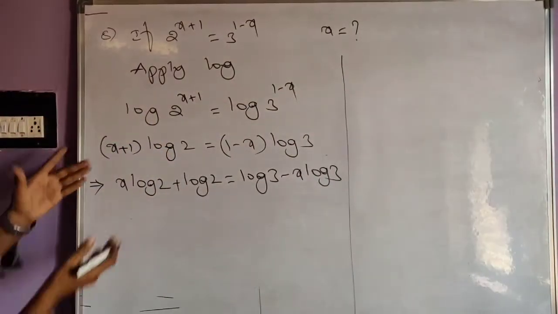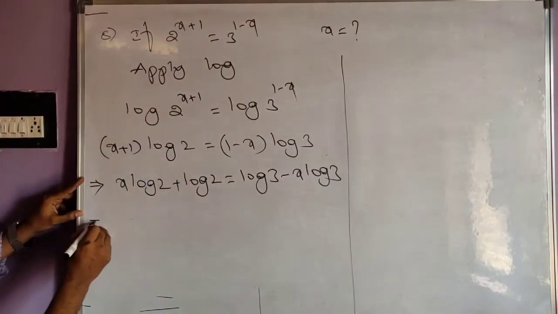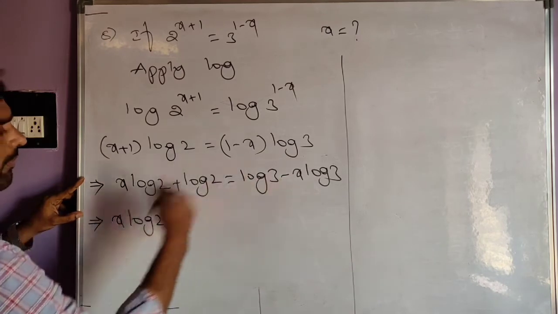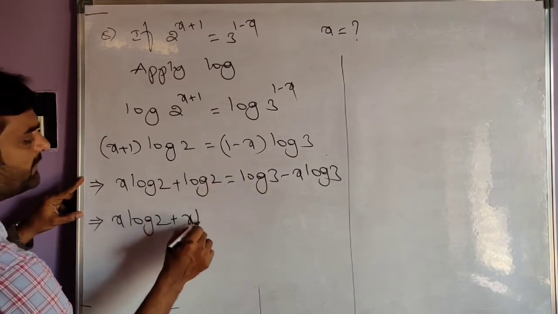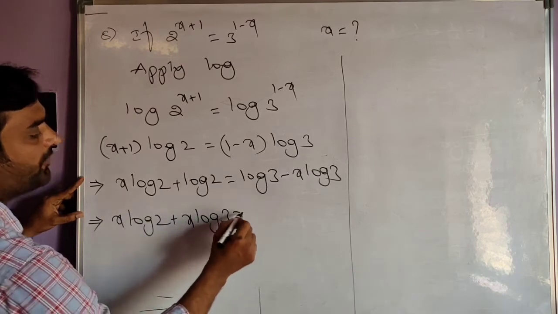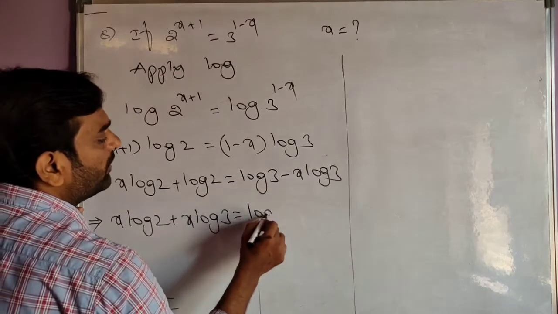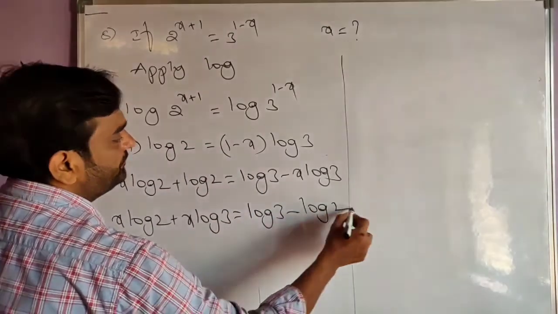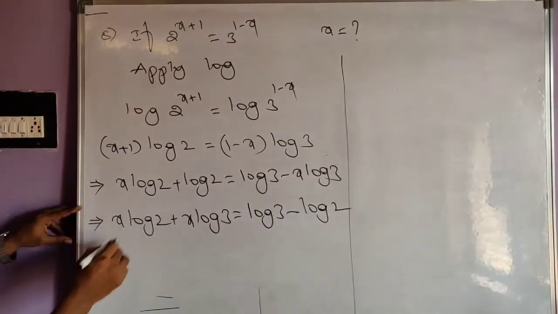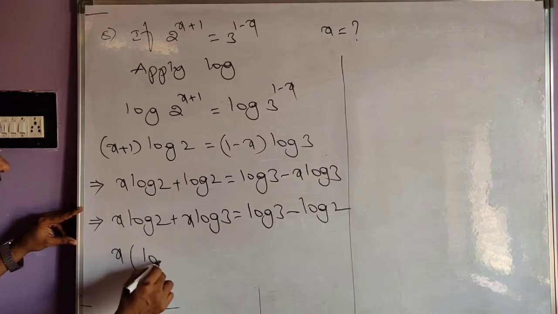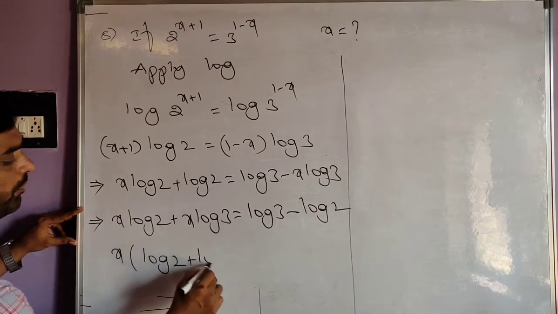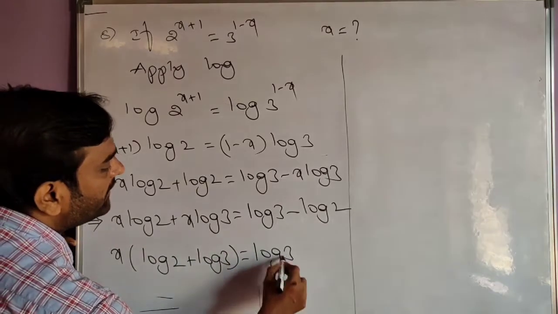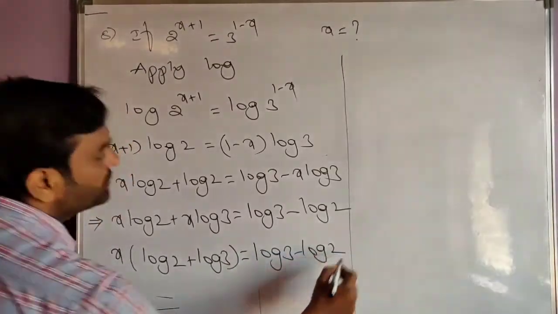Write the x terms on one side. Then you will get x log 2 plus x log 3 is equal to log 3 minus log 2. Take x common, then the remaining is log 2 plus log 3, equal to log 3 minus log 2.